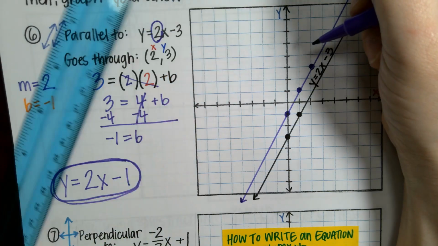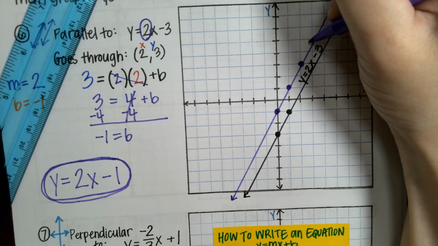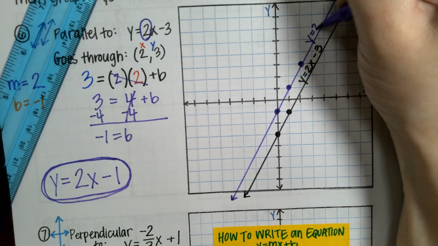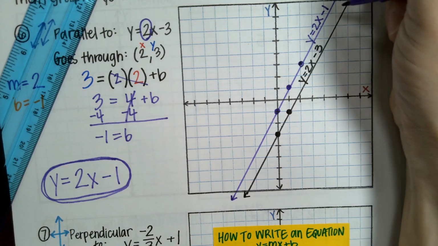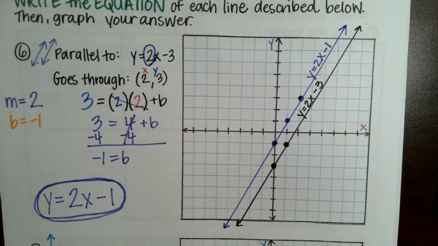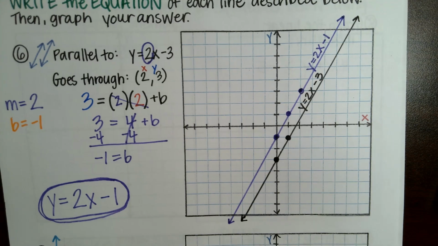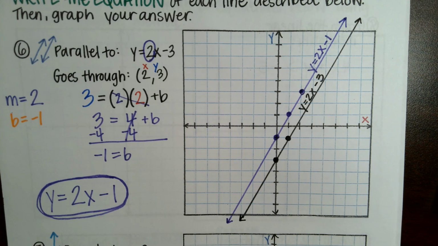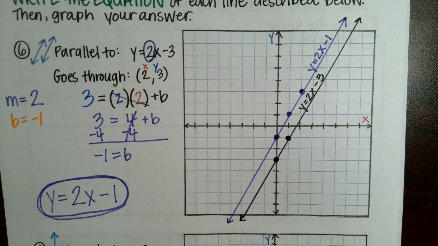And this one is going to be y equals 2x minus 1. Awesome. Okay, do we have any questions on number 6? Any at all? We're feeling good? Okay, good. Ready for number 7?